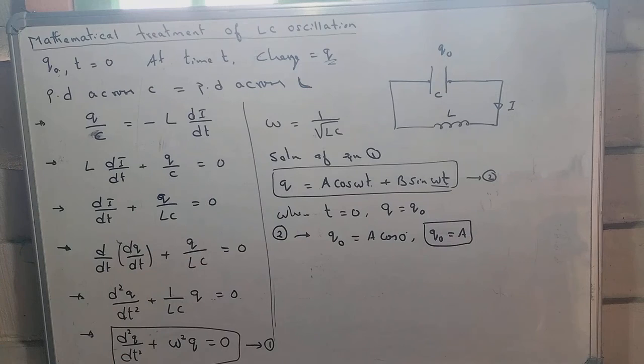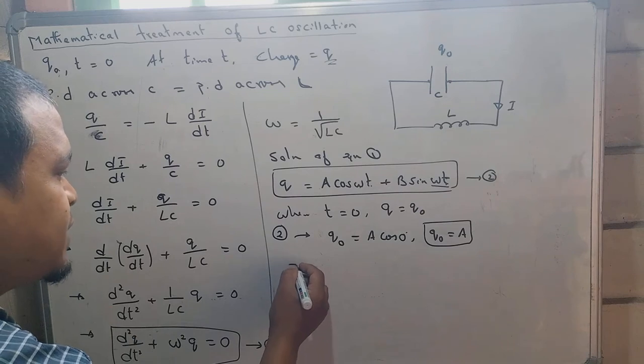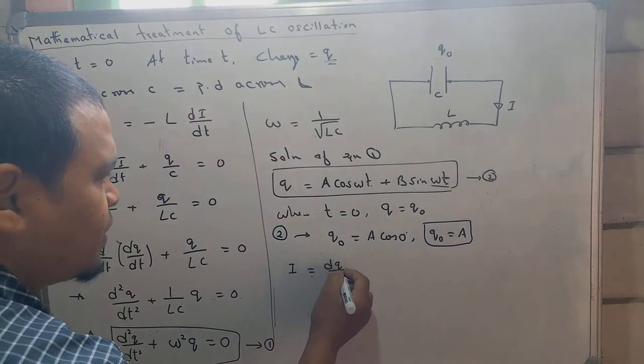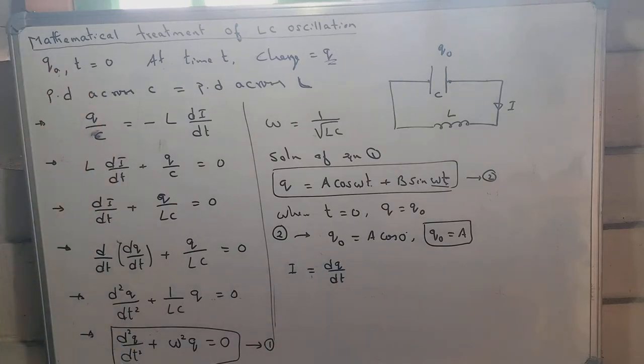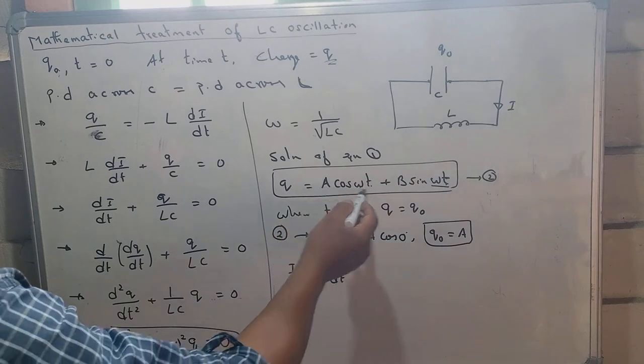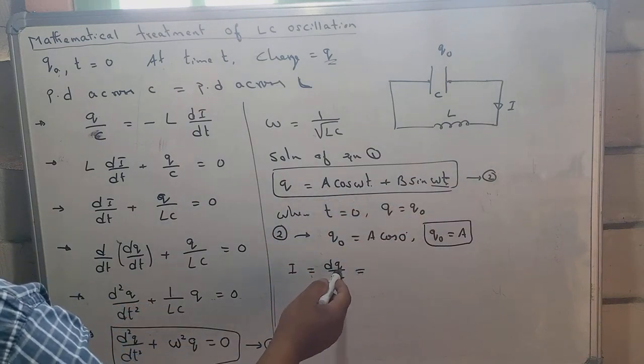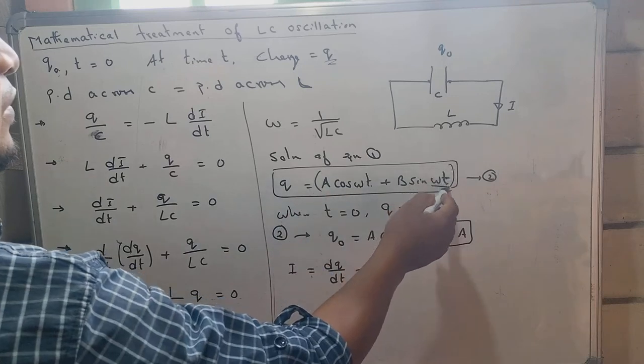Now what is B? For B, I will do it like this. If you take the current I, you know the current is equal to dq upon dt. Q is this much, so dq upon dt means you have to differentiate this whole thing.